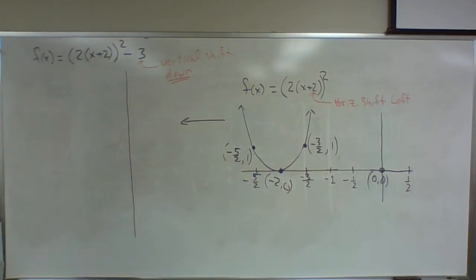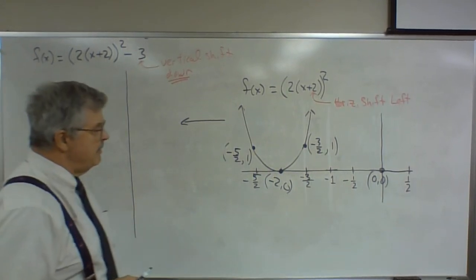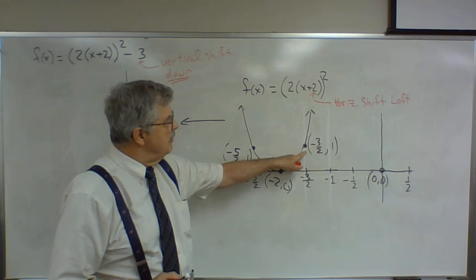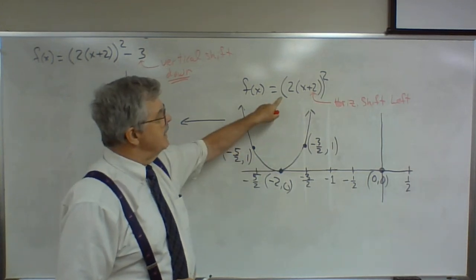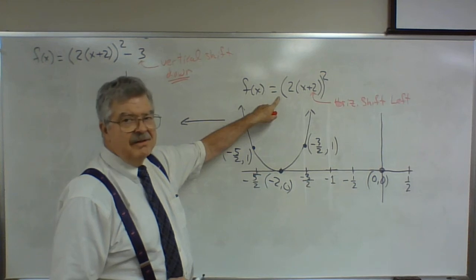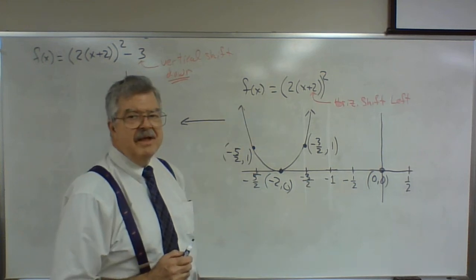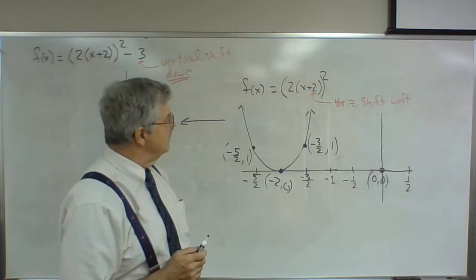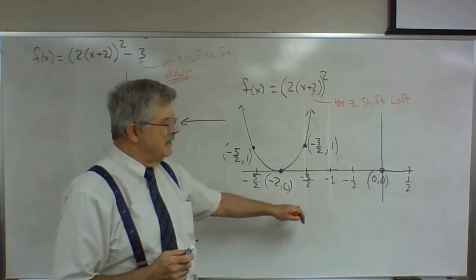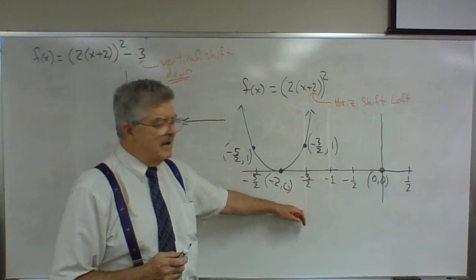And let's see now. Maybe I should figure out where these points are going to go. That's what I should have done when I graphed this last time. And eventually I did that, but it took me a couple of tries before I realized, wait a minute, I'm not giving myself enough room on the graph.